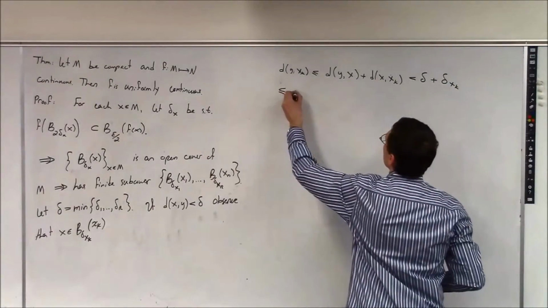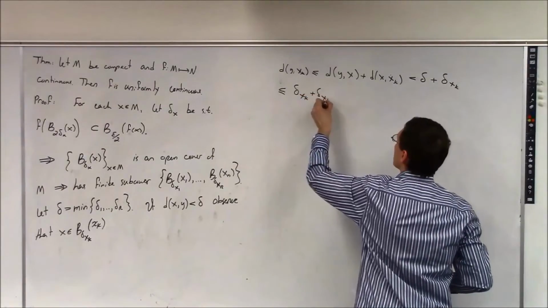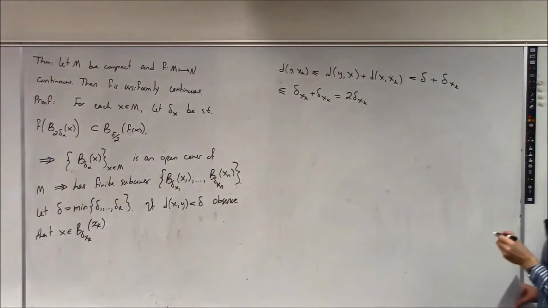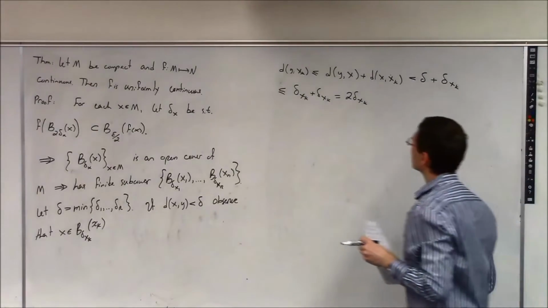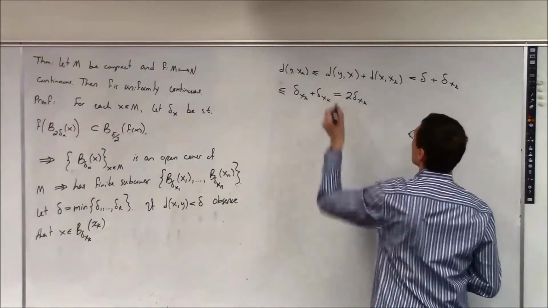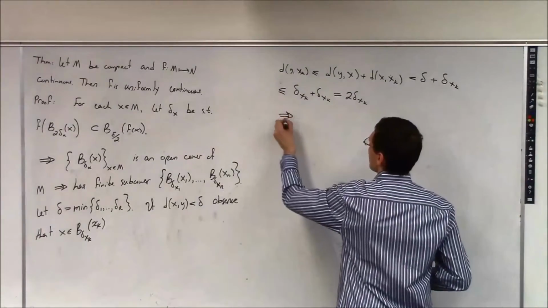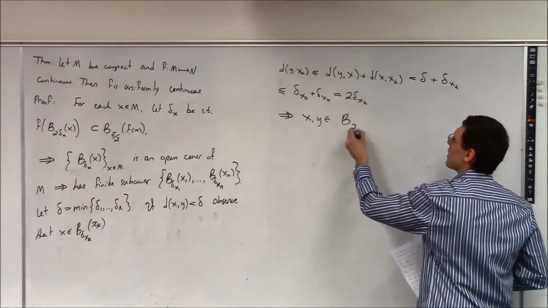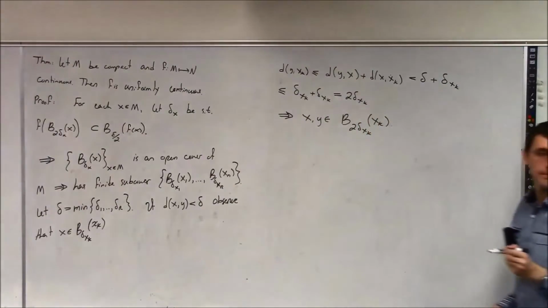So that's less than or equal to delta x sub k plus delta x sub k, which is 2 times delta x sub k. So that implies that x and y both belong to the ball of radius twice delta x sub k, centered at x sub k.